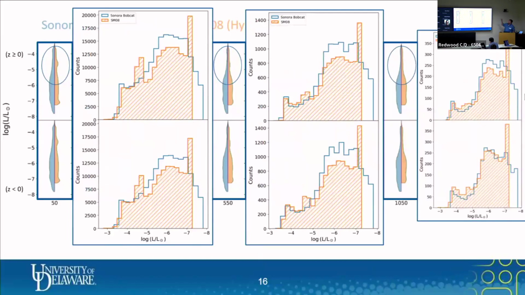So the upper panels are the slice above the plane, the lower panels are below the plane, but that key feature there, it's strong, it gets smaller, and then it's almost gone. And so this is a really important thing to realize, because as we look further and further out, the luminosity function we'll observe is a composite of the luminosity functions in each of these slices out to that distance. So understanding how different slices contribute is very important.